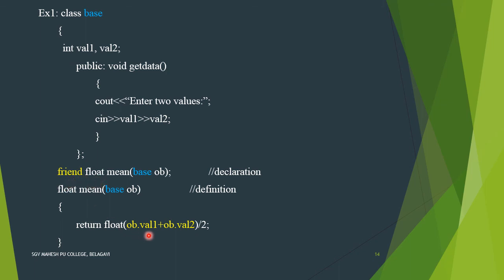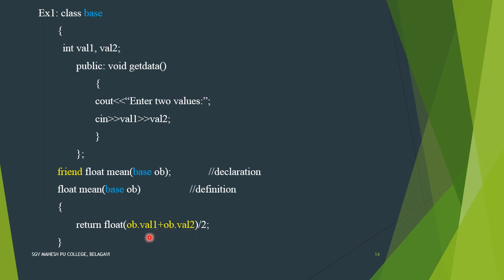But how to access these variables? There is a certain rule while dealing with private members. You have to use the name of an object with the dot operator and the variable name, like value1. I cannot add this as value1 plus value2.